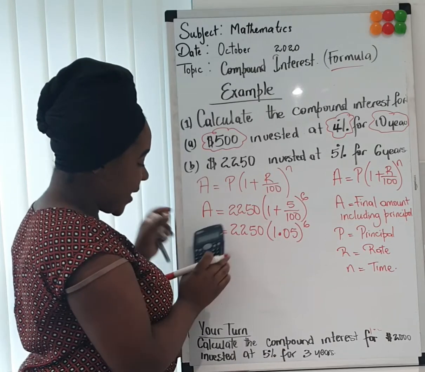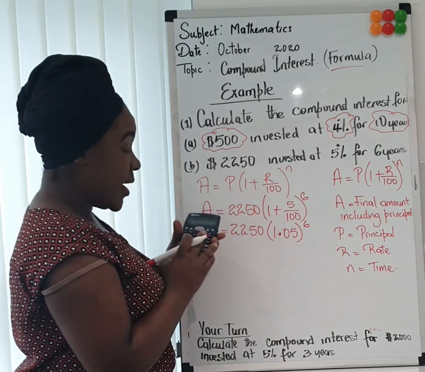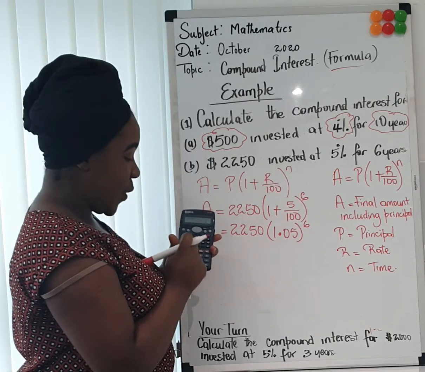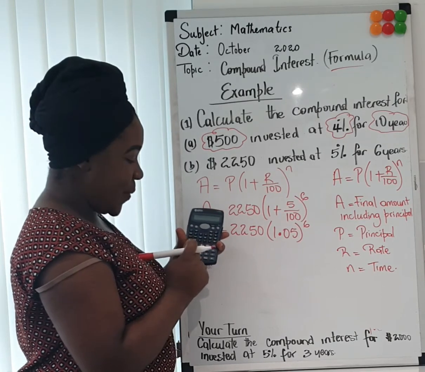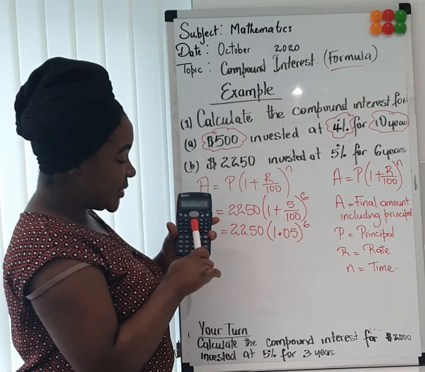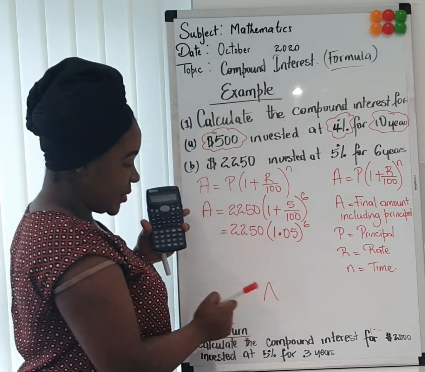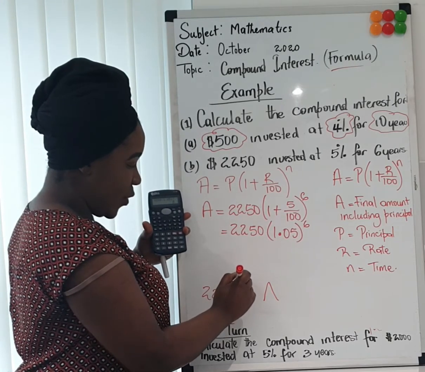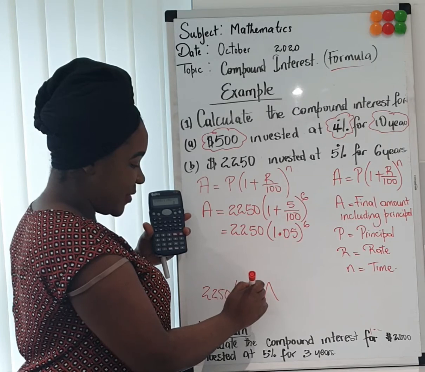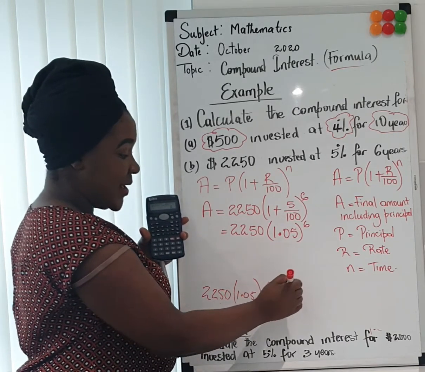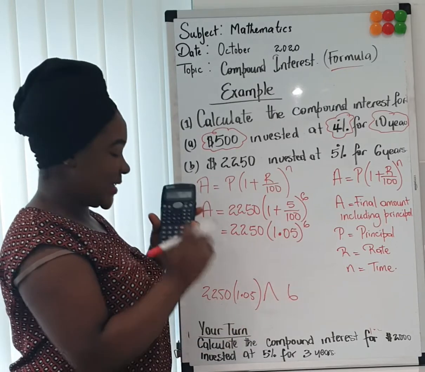We're going to put that into our calculator. So I have 2,250, open bracket, 1.05, close bracket, and I press that little arrow. Then I put the digit 6.